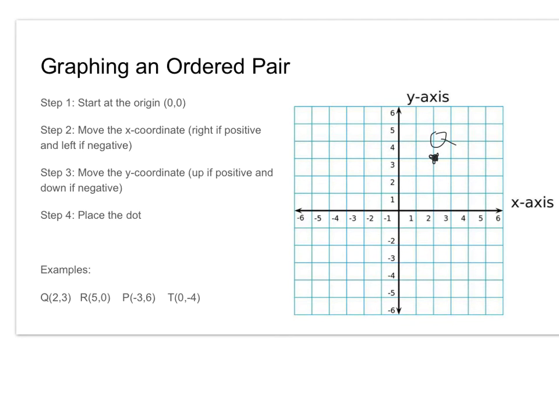Our next example, we're going to plot R. It says (5, 0). Again, start at your origin. We're going to go over to the right 5 because it's positive, and the y tells us 0, so that means we're neither going to go up nor down. We're staying right there. So graph your point.